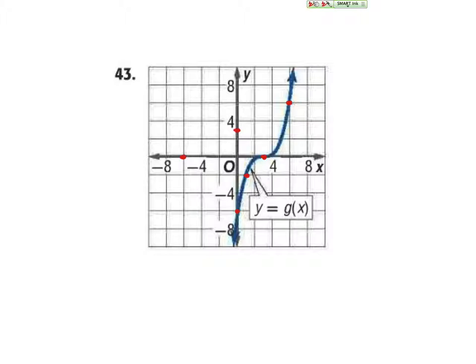What's that point? 1, -2. So the reverse of that is -2, 1. And let's do this one right there. What's that one? 5, 2. So the reverse of that is 2, 5. So we'll put it right there. That should give us enough to be able to draw the inverse of this.